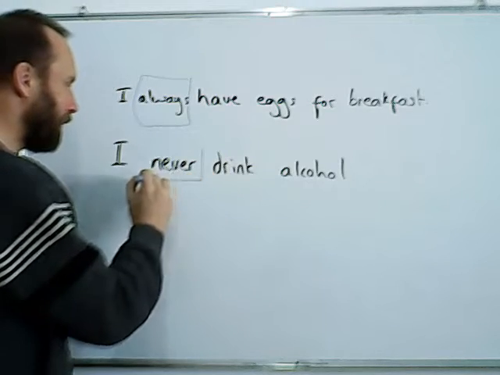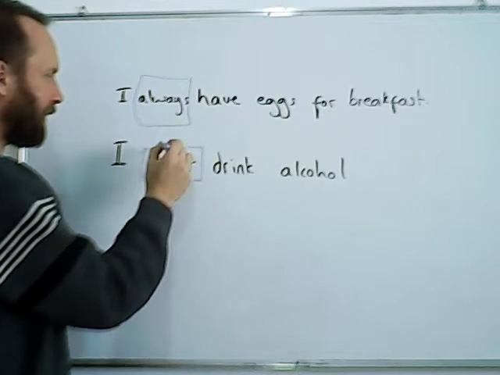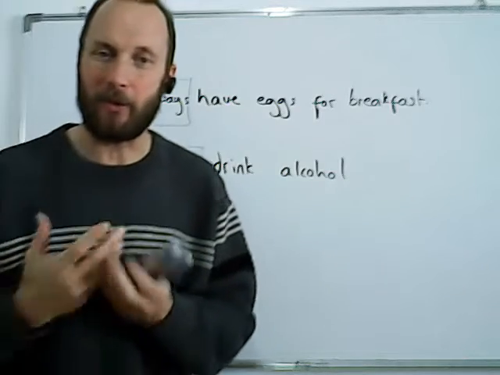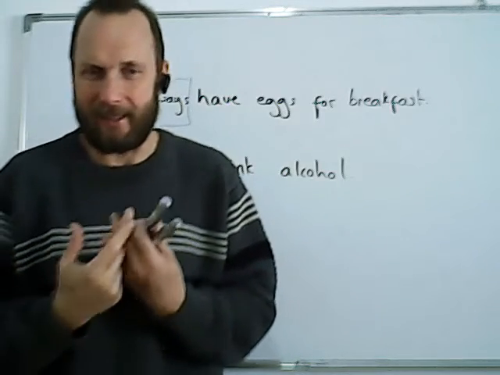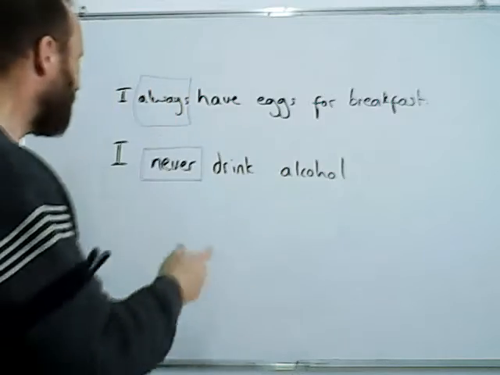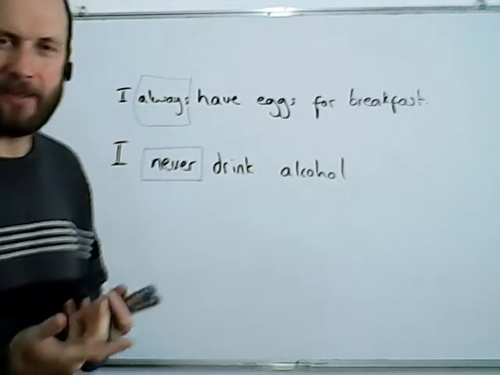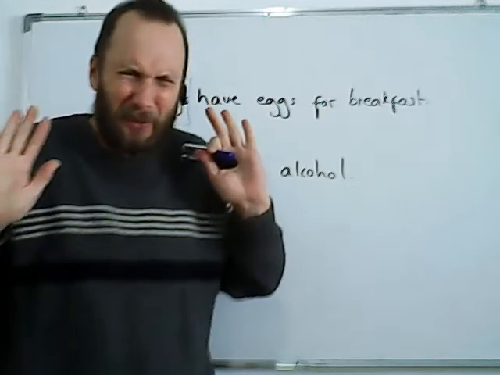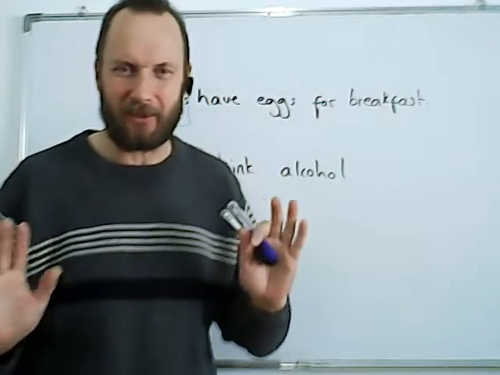Never is the opposite of always. So always is something that we do all the time, if you like, and never is the opposite. It's something that you never do. No way, no, I never do it, okay?